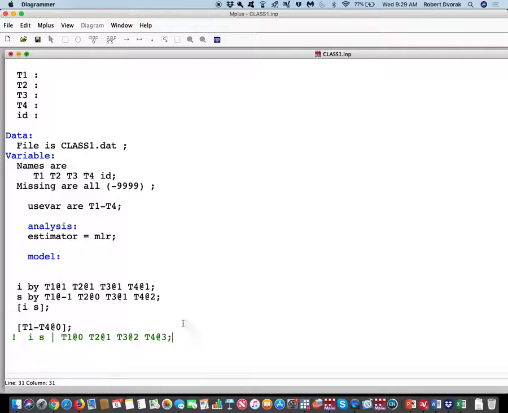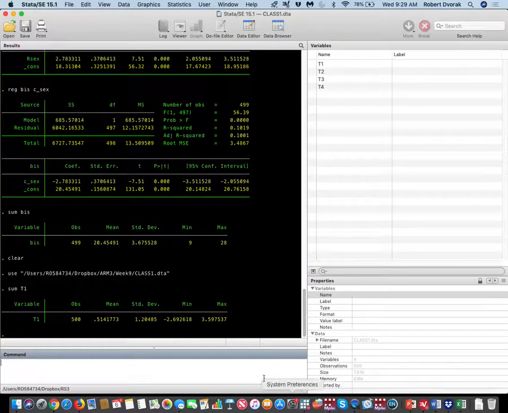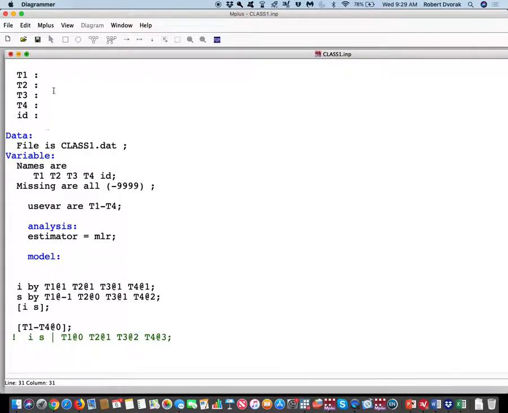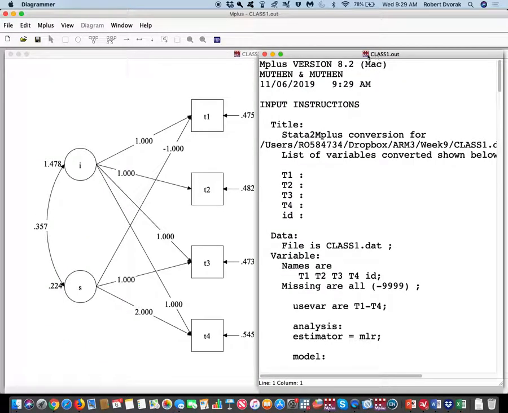The mean of time 2. So let's have a look in Stata just real quick. Sum T2. It's going to have to account a little bit for the change in slope, right? But it should be about 1.57. Let's flip back over here, save, run.